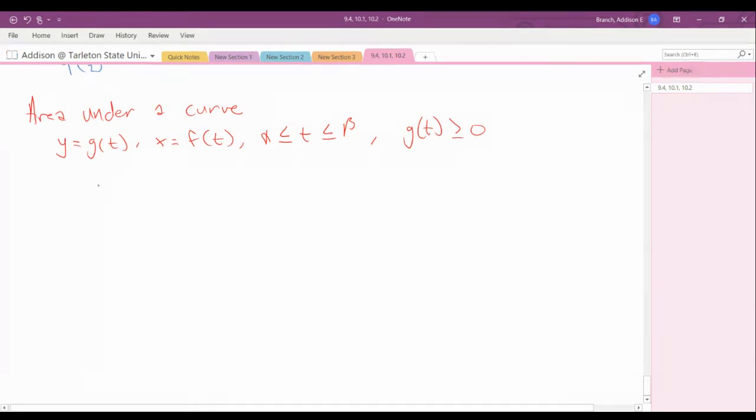Then your area under that curve would just be the integral from alpha to beta of g of t times f prime of t dt.